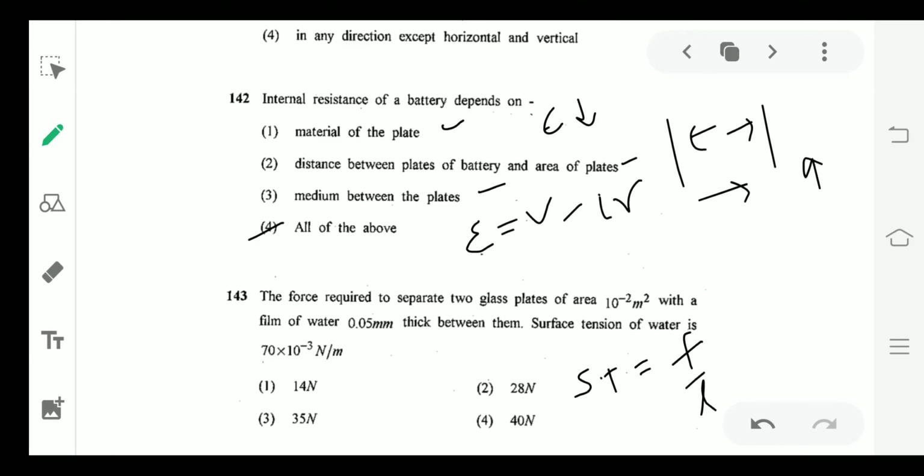Since there are two surfaces, the area will be 2A equals length into thickness. Length and thickness are given, so now from this formula we have to calculate the force. Surface tension is given and we have to calculate the length.